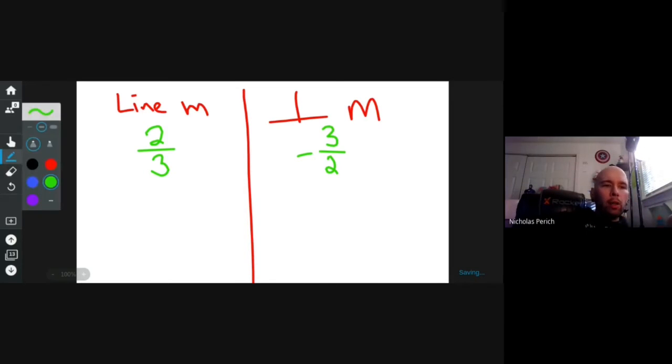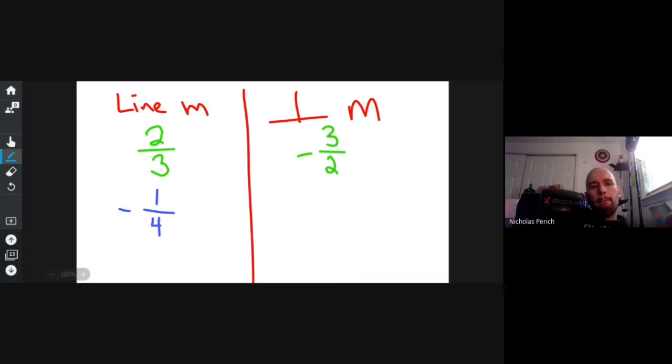So if the regular slope was already negative, you would flip it upside down and make it the opposite of a negative, which is a positive. And then most of you would look at that 4 over 1. By golly, I know what 4 over 1 is. It's just 4.